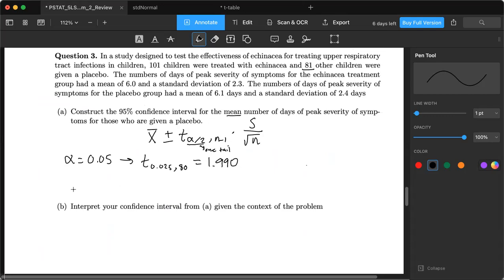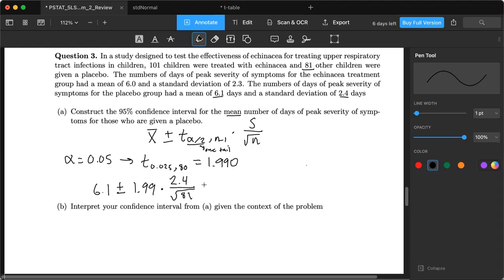So we have that X bar in the placebo group. Let's make sure again, placebo group had a mean of 6.1 and standard deviation 2.4. So this is going to be 6.1 plus or minus 1.99, our t value, times 2.4 sample standard deviation divided by square root of 81.